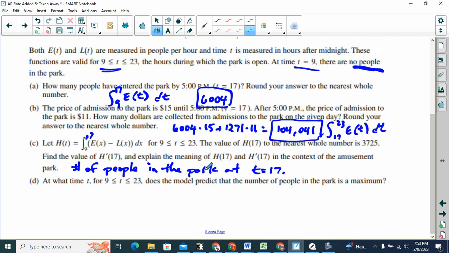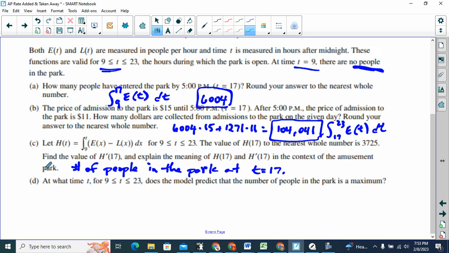You would have to say it's the change in the number of people in the park at t equals 17, which would also be correct for part C here. So you can say the change in number of people in the park at t equals 17, or in this case, the total number of people in the park. So that is the meaning of h of 17.